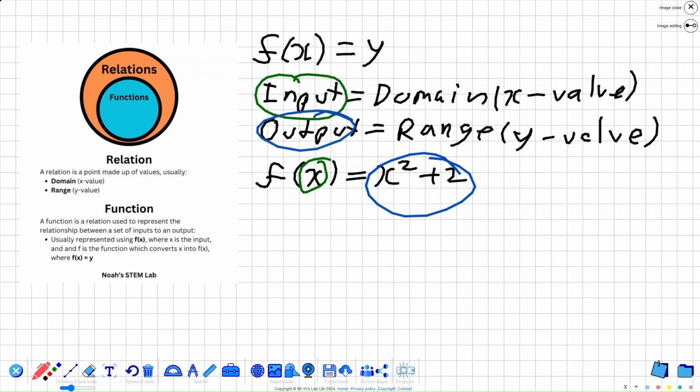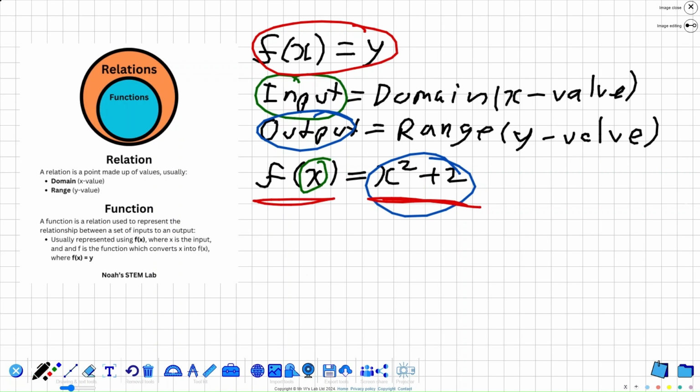Since we know that f of x equals y, this is the output. So technically f of x and y both represent the output of the equation.